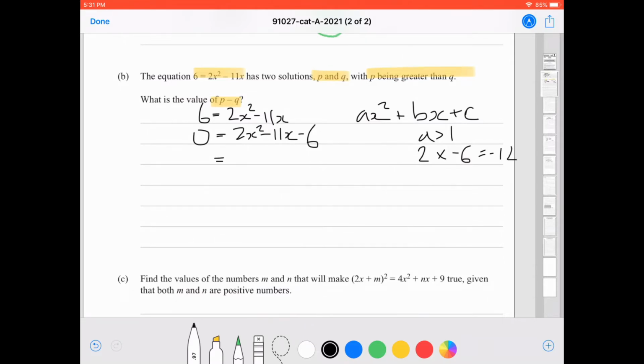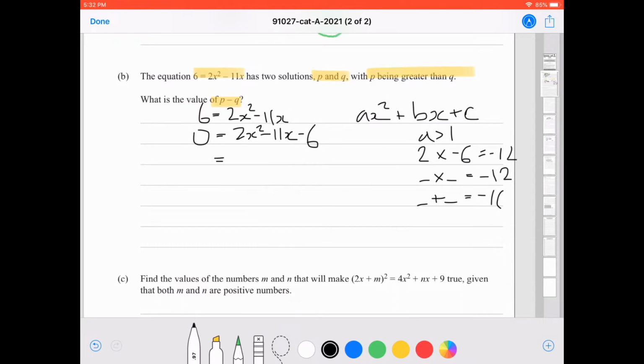And so we're looking for two numbers that multiply to minus 12 and add to the b term, which equals negative 11. Okay, and those two numbers are minus 12 and positive 1.